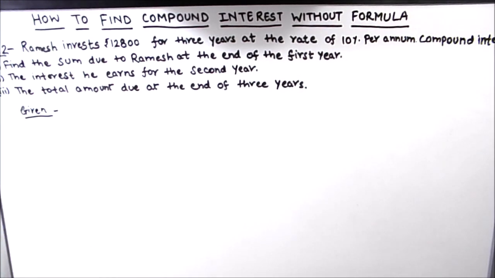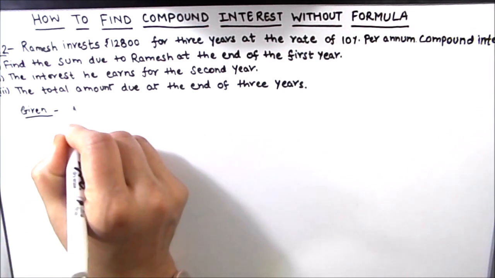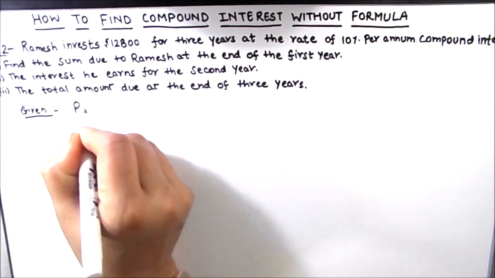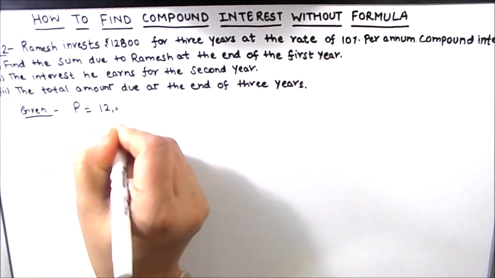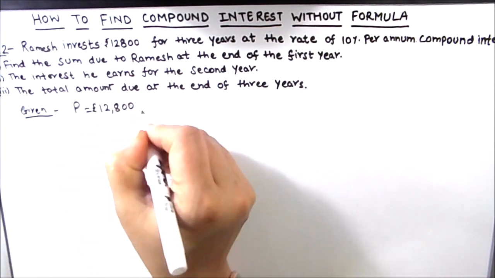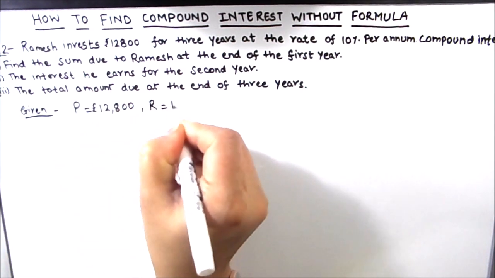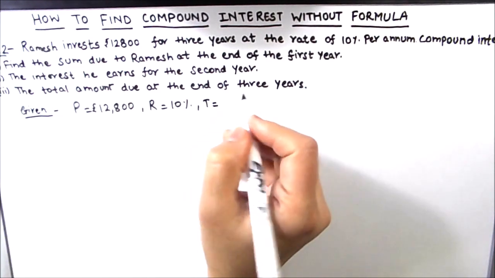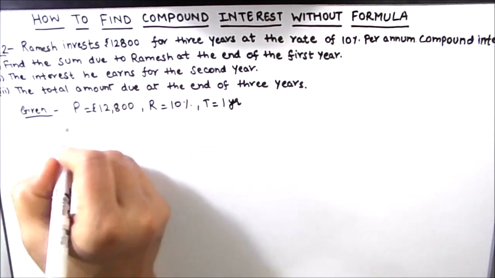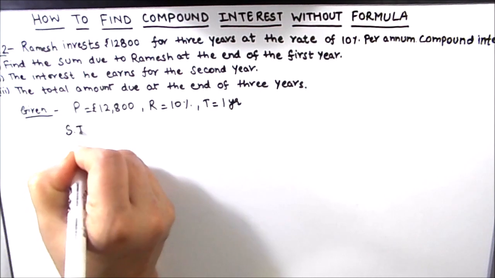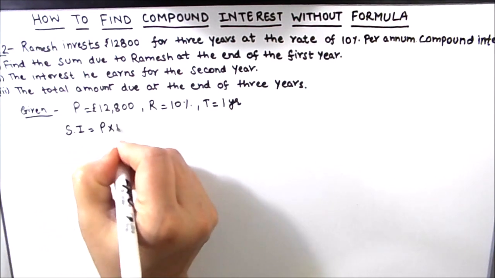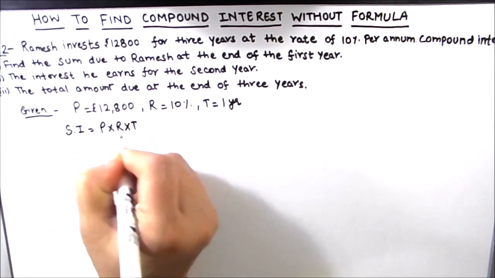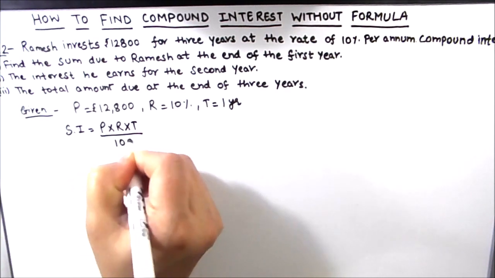So let's start by writing what is given in the question. So first one is principal amount, which is 12,800 rupees. Rate of interest is 10%. And time is, for the first year we are finding, so it is 1 year. Let us find the simple interest, which is principal times rate times time divided by 100.